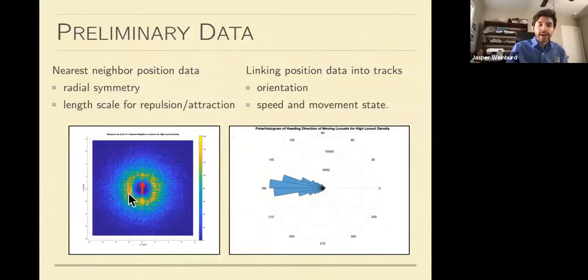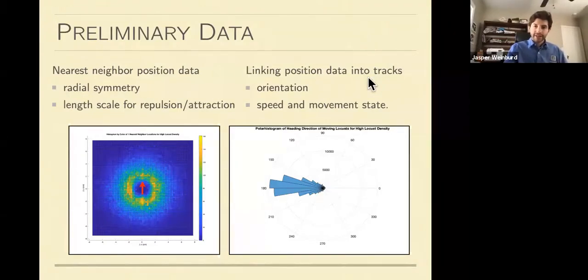So this is a heat map showing nearest neighbors with a focal locust who's facing upwards. You can see it's pretty much radially symmetric. And there's this dark blue area right around the focal individual saying locusts aren't bumping into each other.